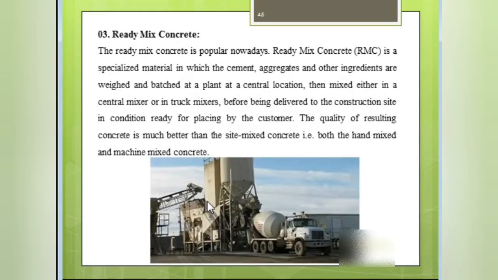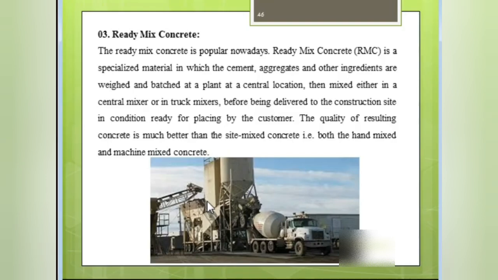And the third one is ready mix concrete. Ready mix concrete is popular nowadays because it is acceptable where our construction site does not have much space required for concreting. In that case, we have to prepare concrete at another place, and our site is at another place.